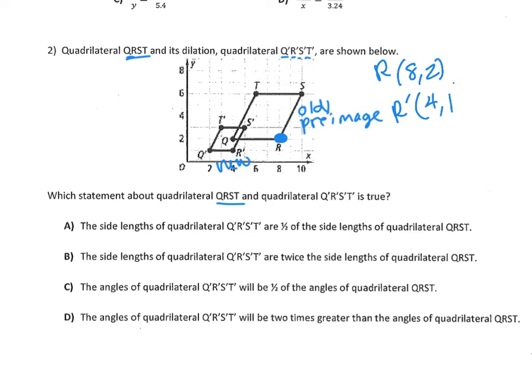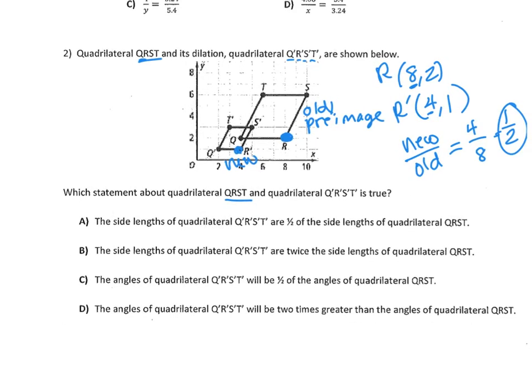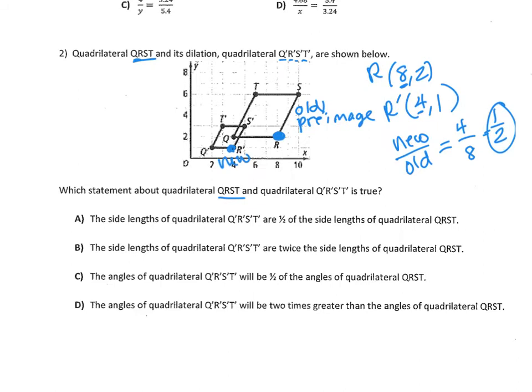Good, so 4 and 1. So then we can take one of our new points and divide it by one of our old points. So we can either take 4 and divide it by 8, or 1 divided by 2, which would be our answer. So the scale factor is 1/2.